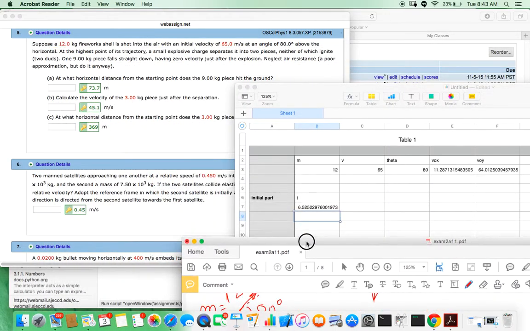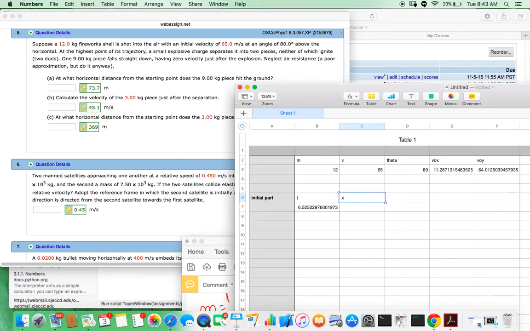So let's do that. So the x as a function of time, which is in fact the solution to the first part, part A, is equal to V naught x times the time. And then we got 73 or something. It's right there. So that's the distance in meters, right? That's the distance in meters.